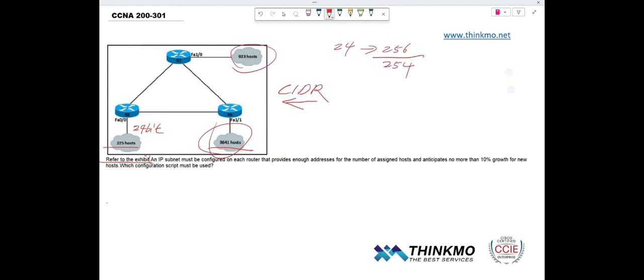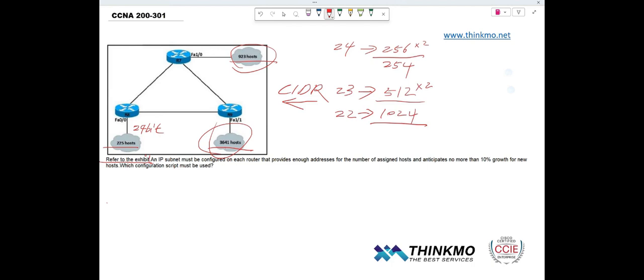So we borrow one bit to the left to make it 23 bits. Then this needs to be multiplied by 2, which equals 512. But 512 still can't satisfy this 923, right? So we borrow another bit to the left to make it 22 bits. Multiply by 2 again. This gives 1024 IP addresses, but the usable IP addresses need to exclude the first and last.